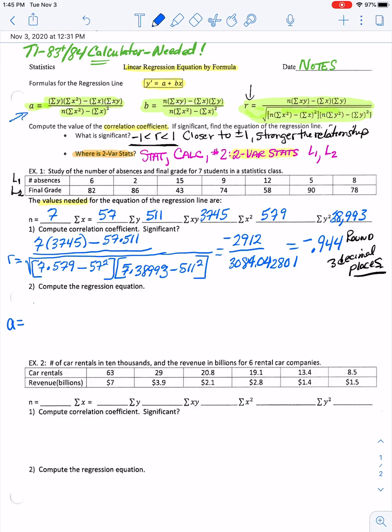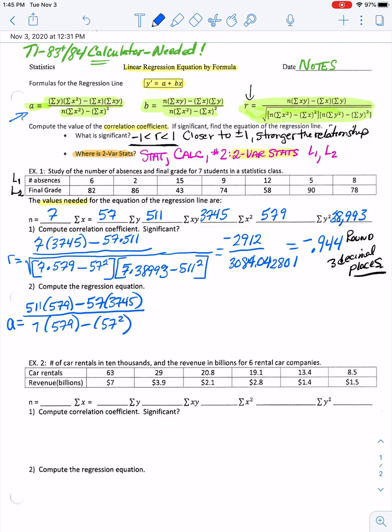Okay, so it's going to start out as 511 times 579. I'm just pulling the values right from that first list that we made together. 57 times 3745. And then it's all over 7 times 579 minus 57 squared.